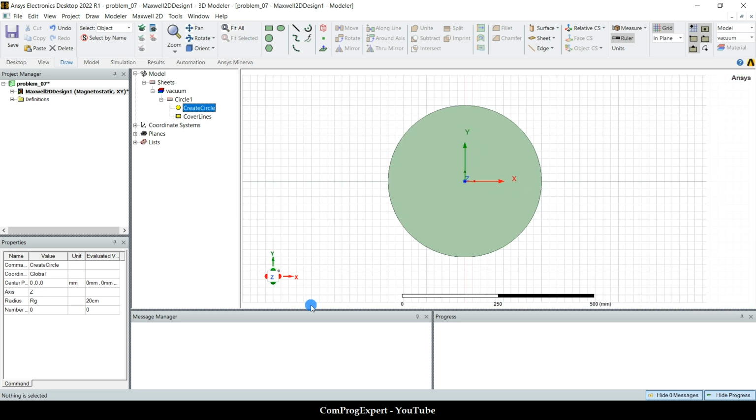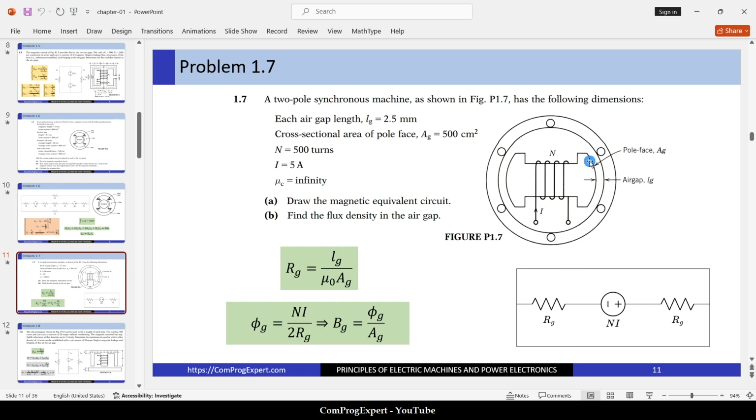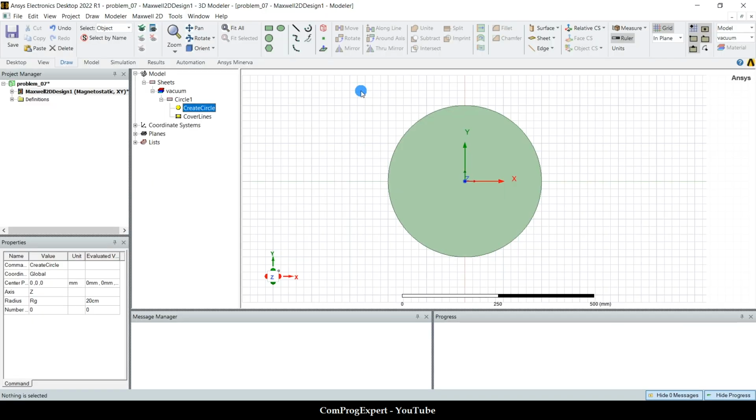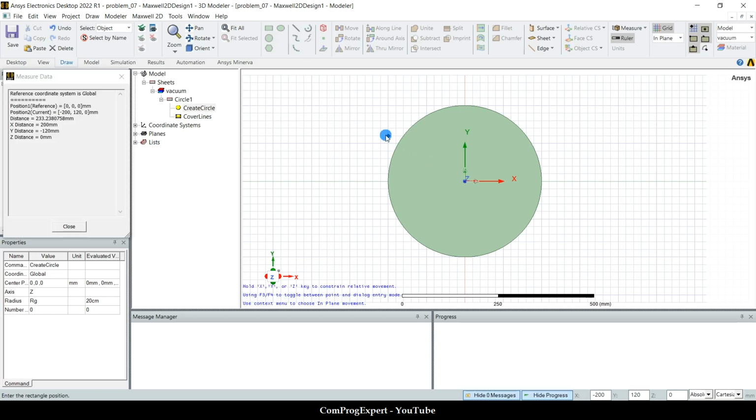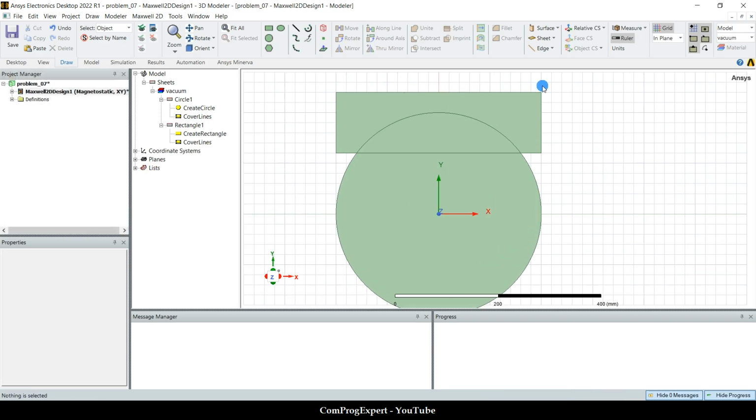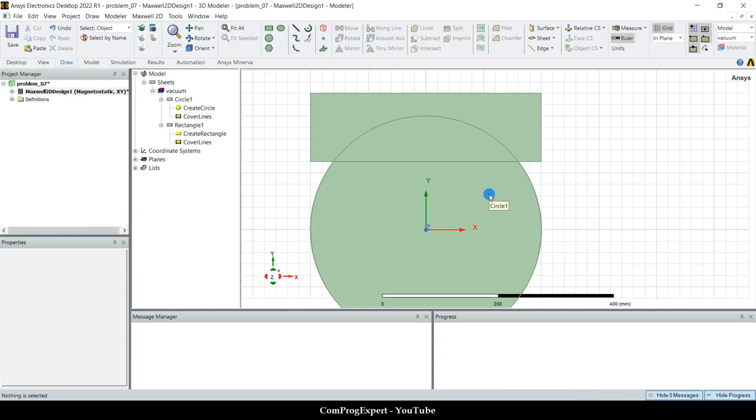So then we can generate these parts for this side and this side, and subtract it from the rotor. So here we can draw a rectangle on this side and another rectangle and subtract it.